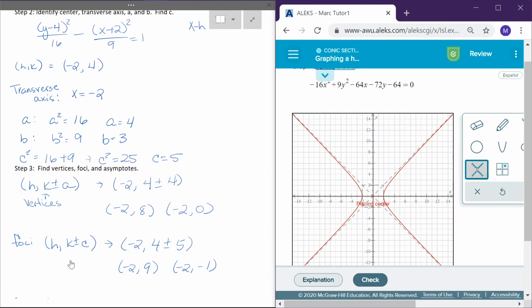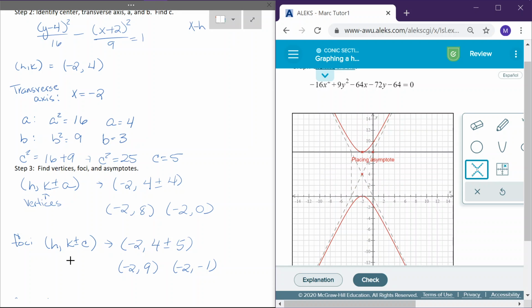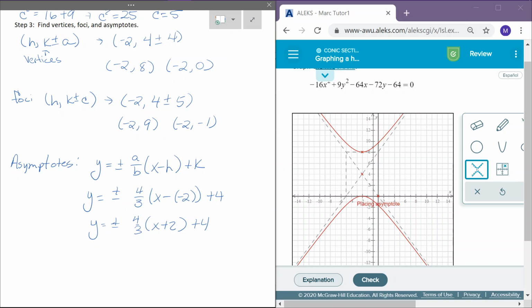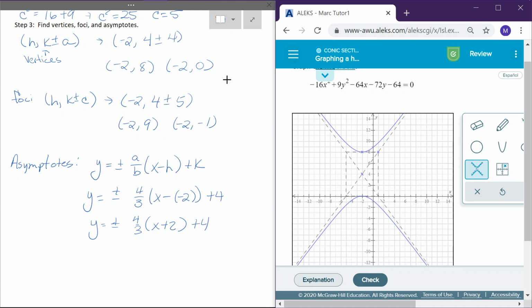So here, our center is negative 2, positive 4. One of our vertices is negative 2, 8. And for a point on our asymptote, we go to our center, and then we can use the slope from our asymptote to find the next point. So if we do this, we can go up 4 and over 3 to find that. And now we have the graph of a hyperbola.